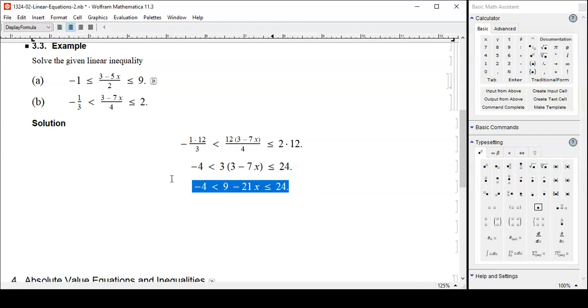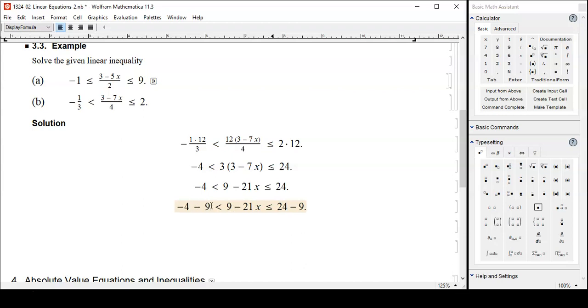Okay, next. From here, I have to push this 9 to the other side. How do I do that? Subtract 9, subtract 9, subtract 9. Now here in the middle, 9 minus 9 is 0, so it goes away. And then here in the left-hand side, negative 4 minus 9.